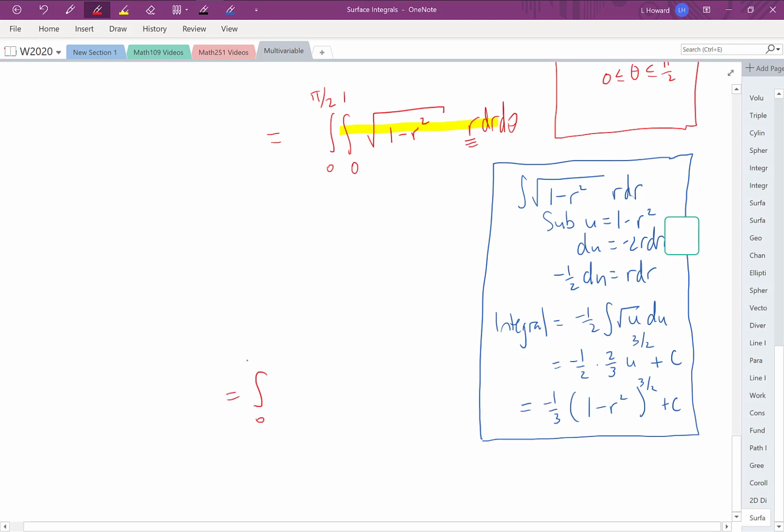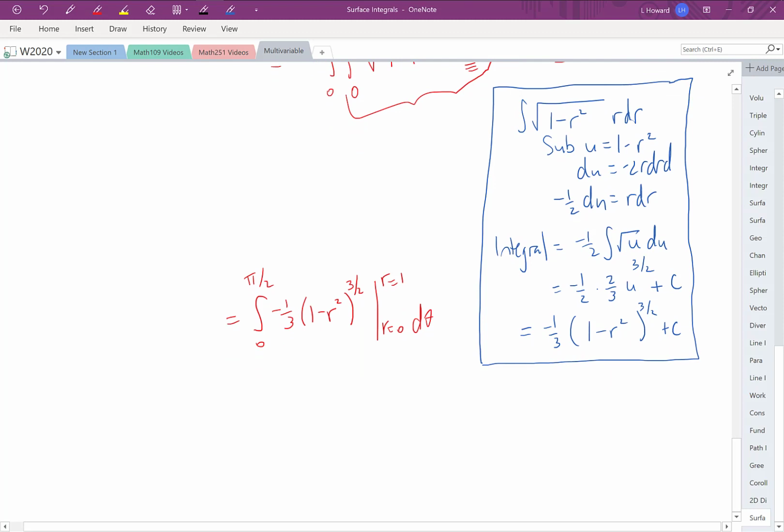Okay, we'd still have our integral with respect to theta on there. We've figured out how to evaluate that inside integral there, so that's going to give us minus 1/3, 1 minus r squared to the power 3/2, and that's going to get evaluated at r equal 1 and r equals 0. I think it would be easier if I brought that minus 1/3 out in front. Okay, and then we can evaluate.